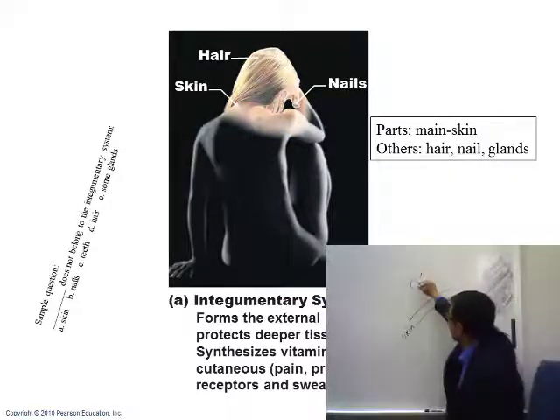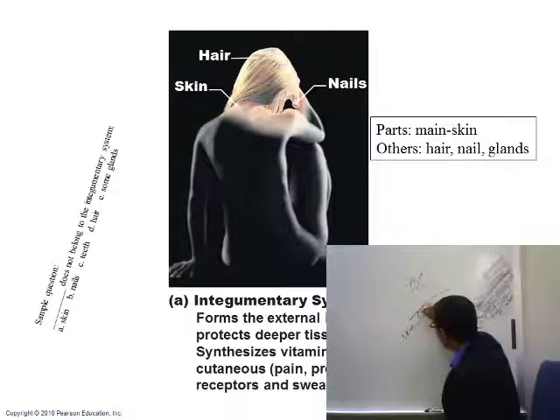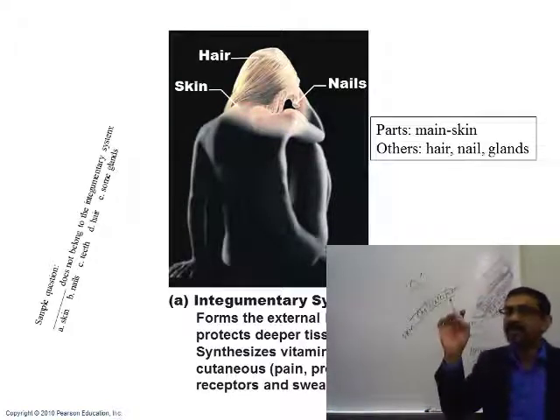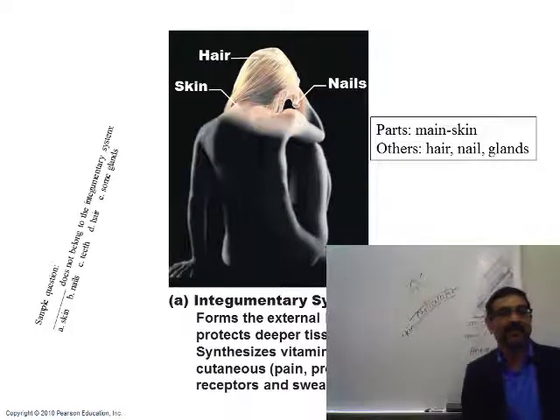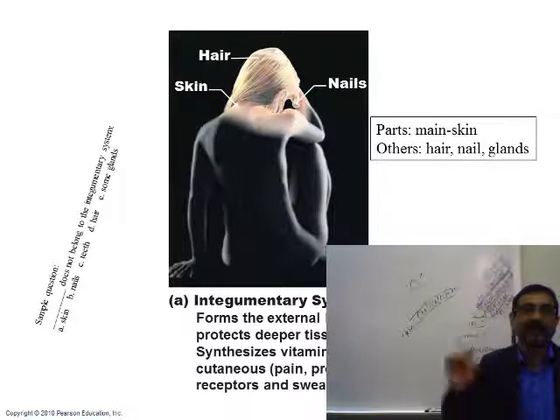So when sunlight falls on the skin, your skin produces a chemical that is called cholecalciferol. This cholecalciferol is a precursor of vitamin D. Precursor of vitamin D. That means it is an inactive form of vitamin D that will become vitamin D.